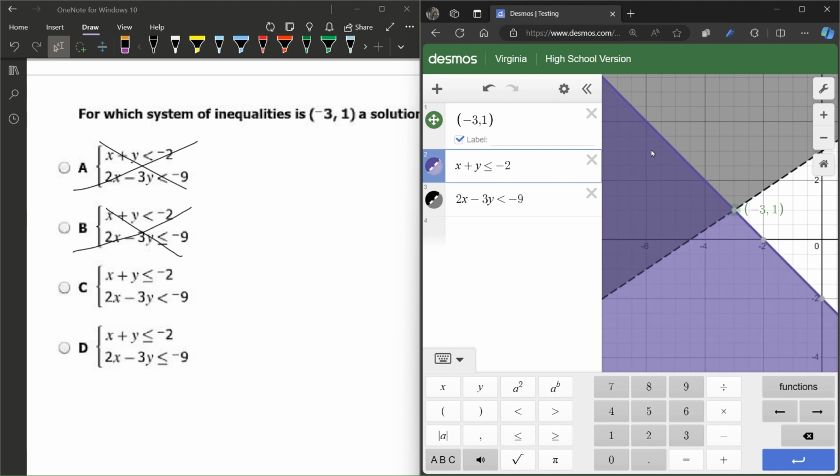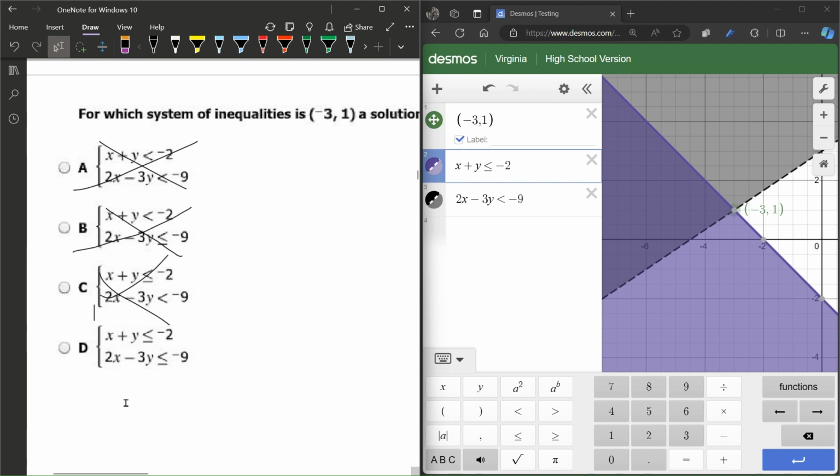So it now made this one a solid, but now my other line is dotted. So this doesn't count either. C is out.